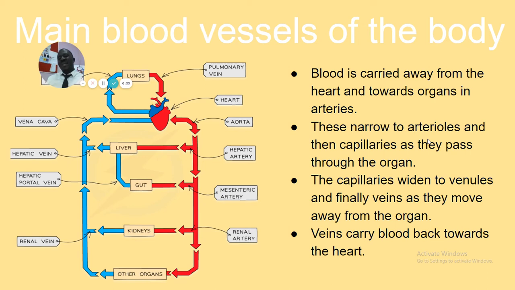And it's through capillaries that materials the blood has been transporting to that organ will diffuse out of the capillaries. Then after diffusing out, some components which the body tissues in that area have produced as byproducts will be diffusing into the capillary. Then they will not go back to the arteriole, then to the artery.